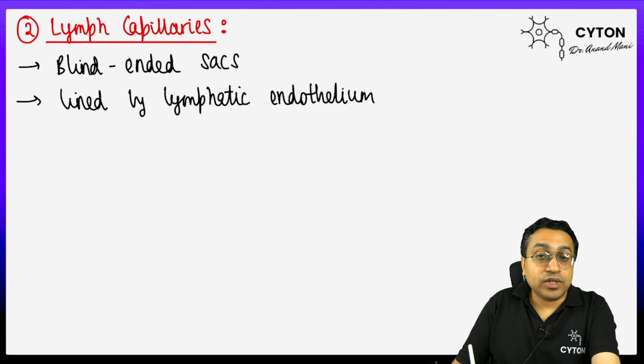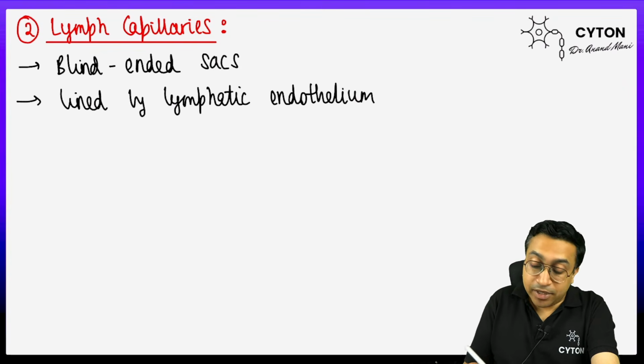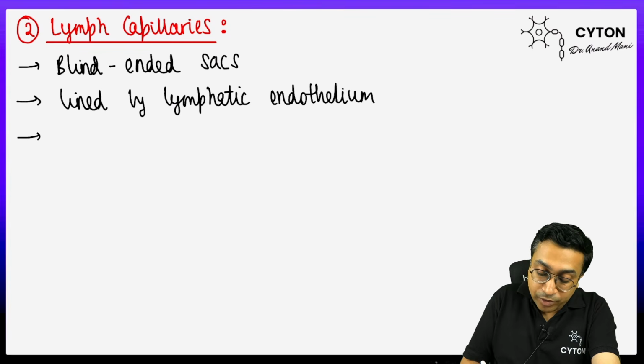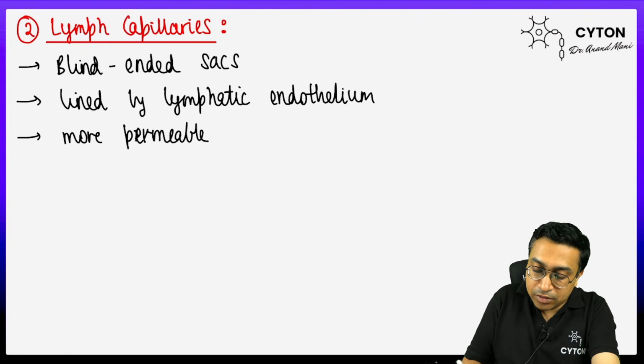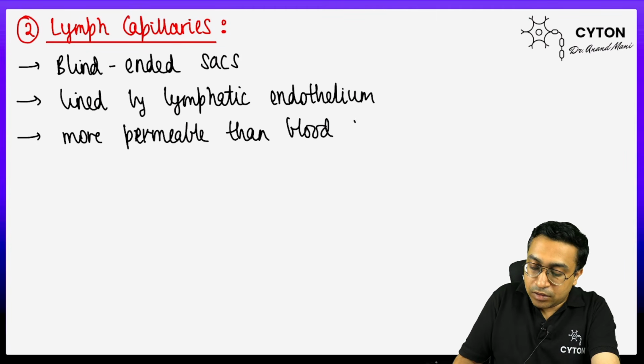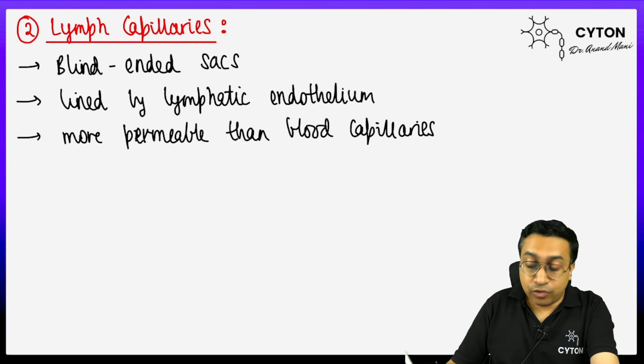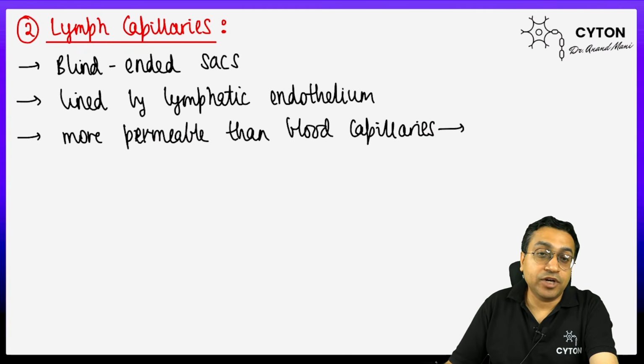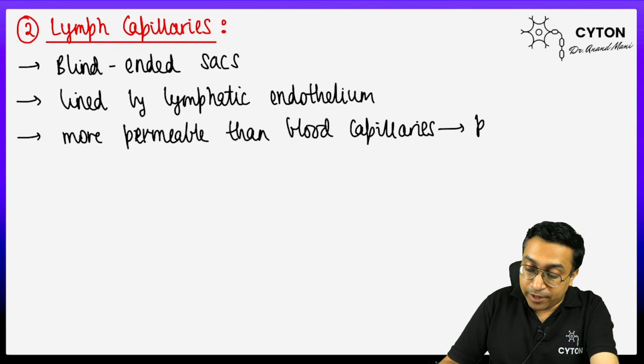They are more permeable than the blood capillaries. That is very important. Why is this important? Because it will permit the entry and absorption of larger lipid molecules in the intestine.